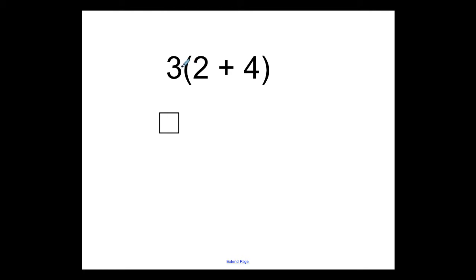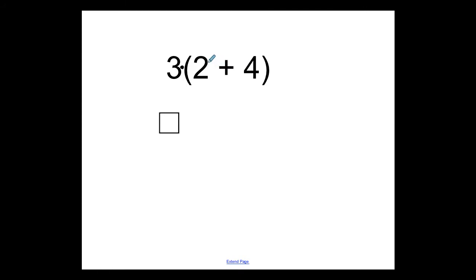Well, there's multiplication going on. We don't have to write the multiplication symbol or the multiplication dot to know that there's multiplication going on here. However, if it does help you to see that, you can put a multiplication dot in between the 3 and the parentheses to let you know that this number 3 is being multiplied by this number in parentheses right here, which is 2 plus 4.